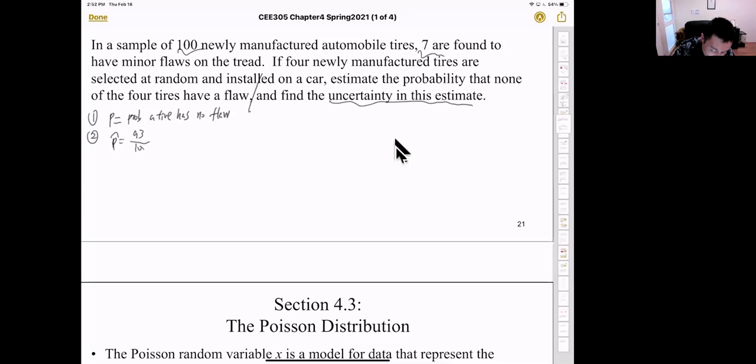So 97 out of 100 tires have no flaw. So the chance a tire has no flaw is 93%. So the question is asking for all 4 tires on that car having no flaw. So the question is asking this: P of all 4 tires have no flaw.